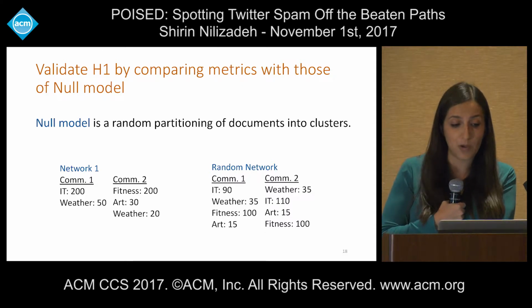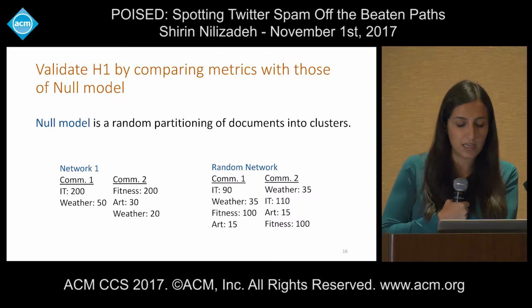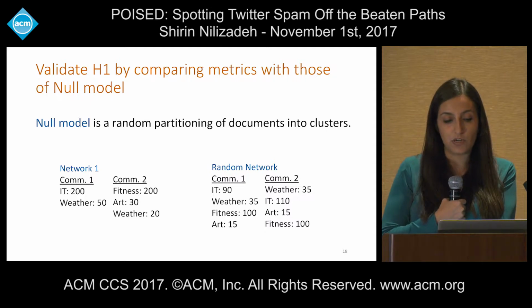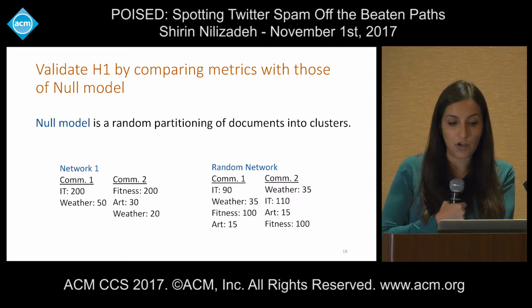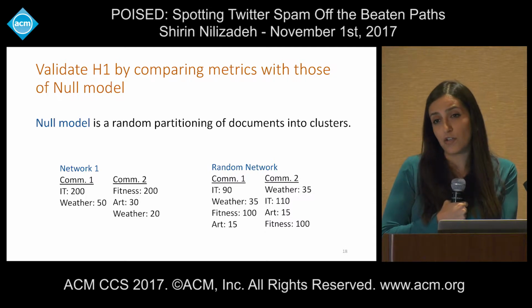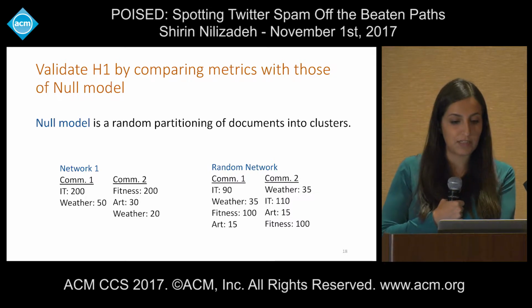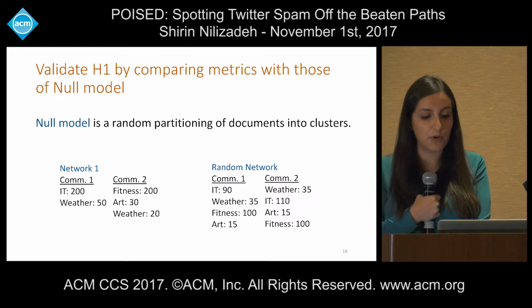It only has 2 communities and 500 documents with some topics. Then we create this random network that has exactly the same number of communities, the same number of documents, but the documents are shuffled and randomly put in any of these communities. So this would be our null model.